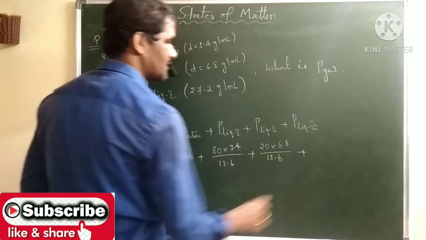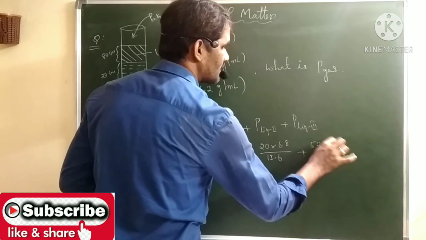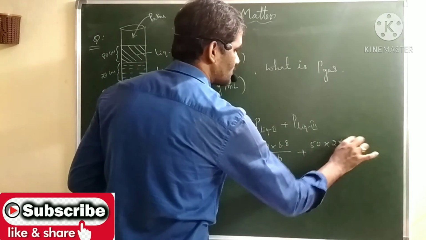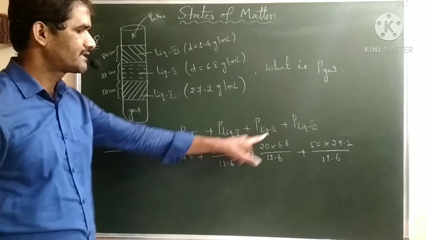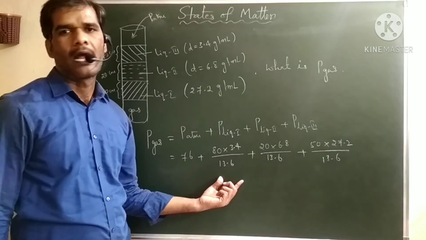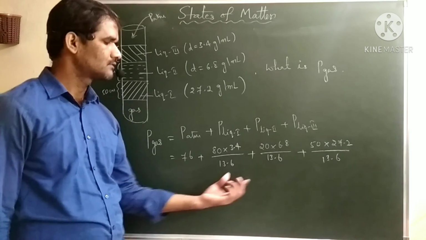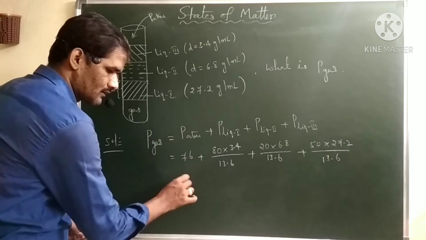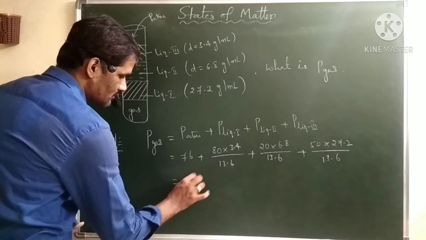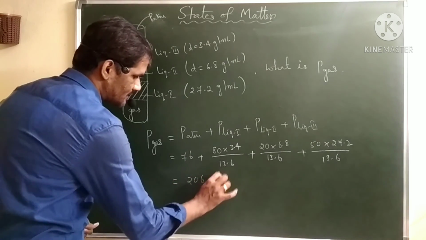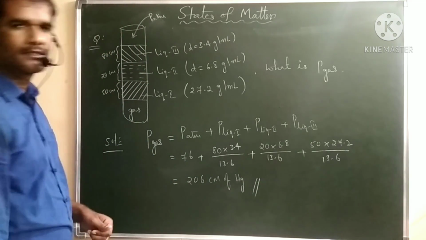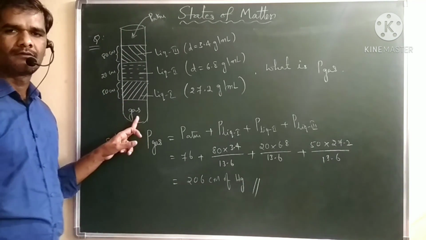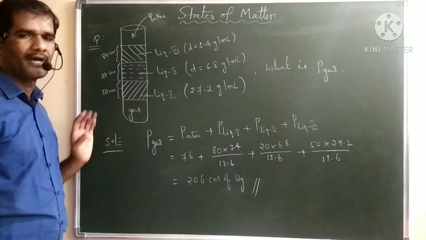Again liquid 3, this is 50, 27.2 is the density, 13.6. Now all these three liquids are converted into height of mercury. If you simplify, overall you will get 206 centimeters of Hg. And this is the pressure acting over the gas which is confined in this case.